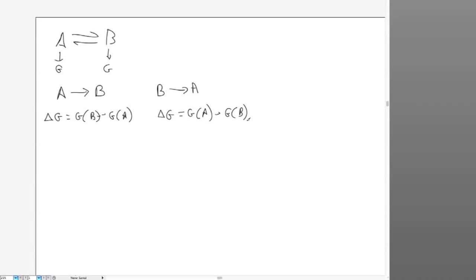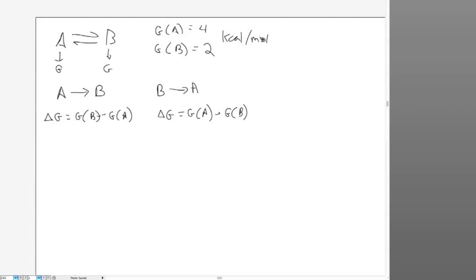So to look at which one of these directions is most favorable, you have to know what the free energies are. So let's just do an example, and let's give some values here. Let's say the free energy of A is 4. And let's say the free energy of B is 2. Free energies are always written in kilocalories per mole.